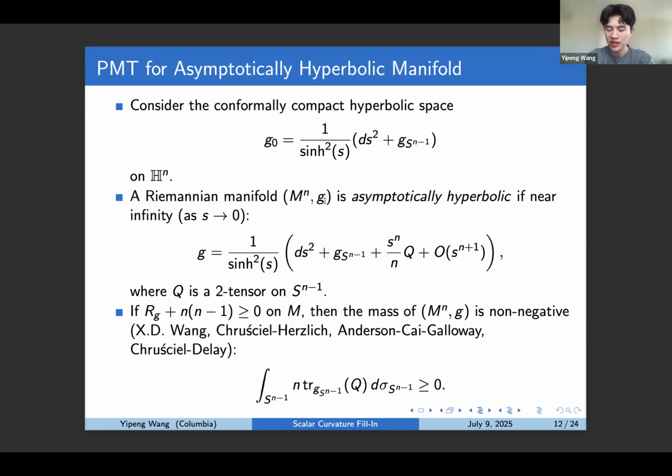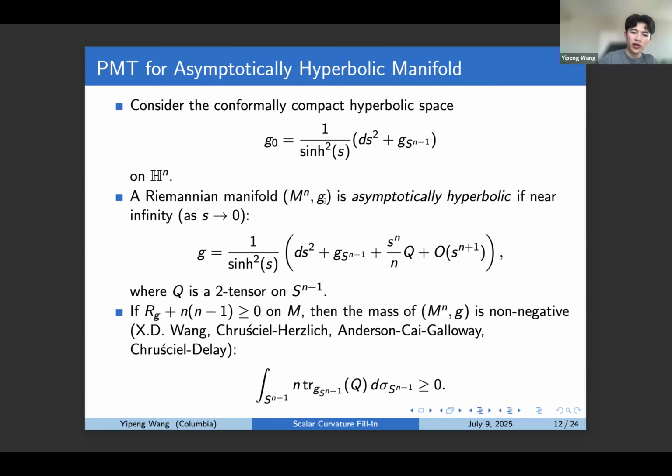And this defines the mass quantity. There are several different definitions of the mass, but this is actually very similar to the one I was explaining a little earlier in the asymptotically flat case. You also integrate some quantity going out to infinity. Okay, so that's the hyperbolic positive mass theorem.